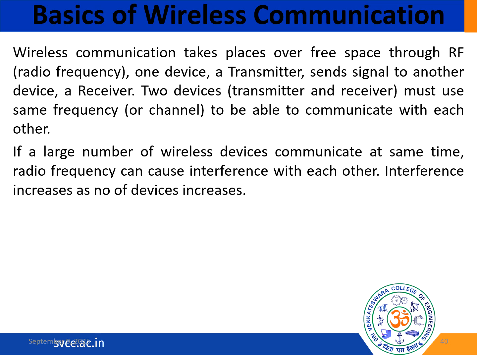Here we have a large number of wireless devices which communicate at the same time with radio frequency. They can interact with each other. When you consider wireless communication, for successful communication, both devices must operate on the same frequency or channel, ensuring signal compatibility and synchronization.